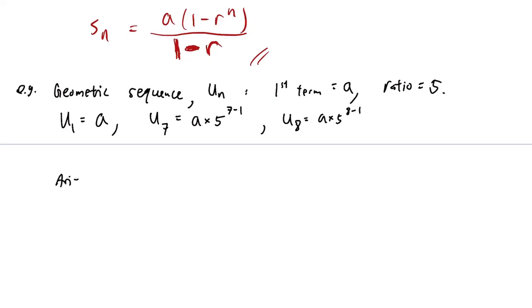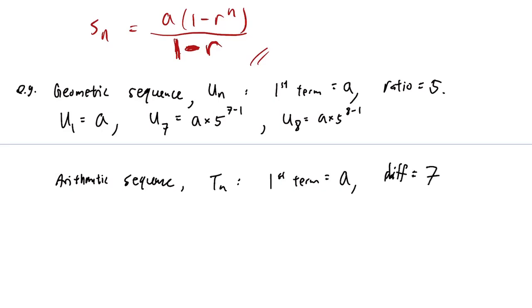Okay, let's say that these three terms are the exact same as the arithmetic sequence, let's call it Tn, whose first term is equal to A as well. Then the difference is, let's say 7. What's T1?